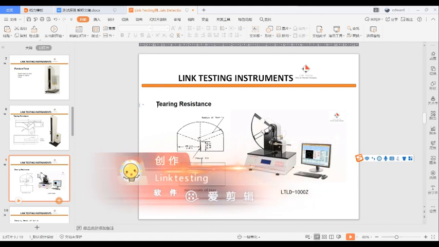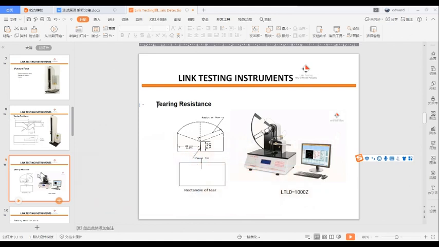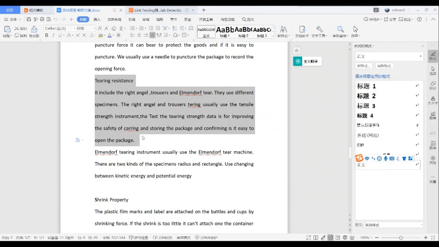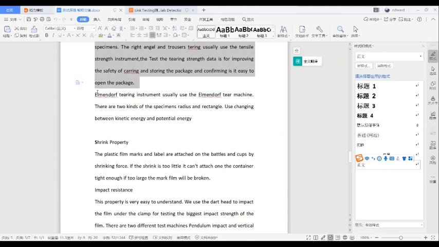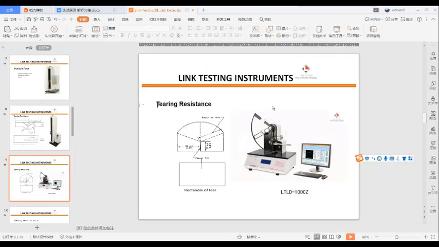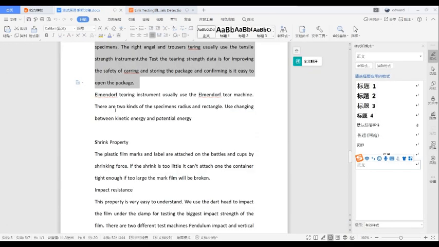This tearing tester follows the ISO standards. They must cut the specimen into a rectangle or this kind of shape, and then do the tearing. This machine we call the Elmendorf tearing tester.